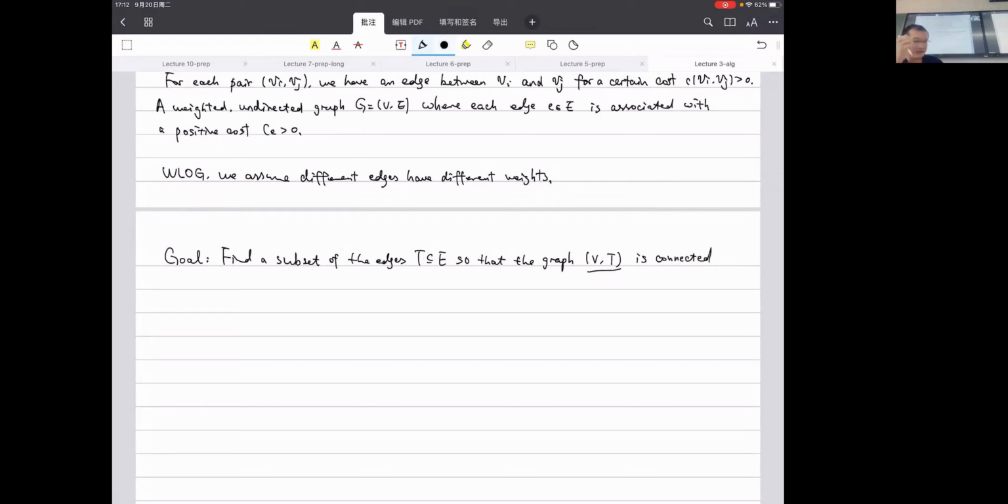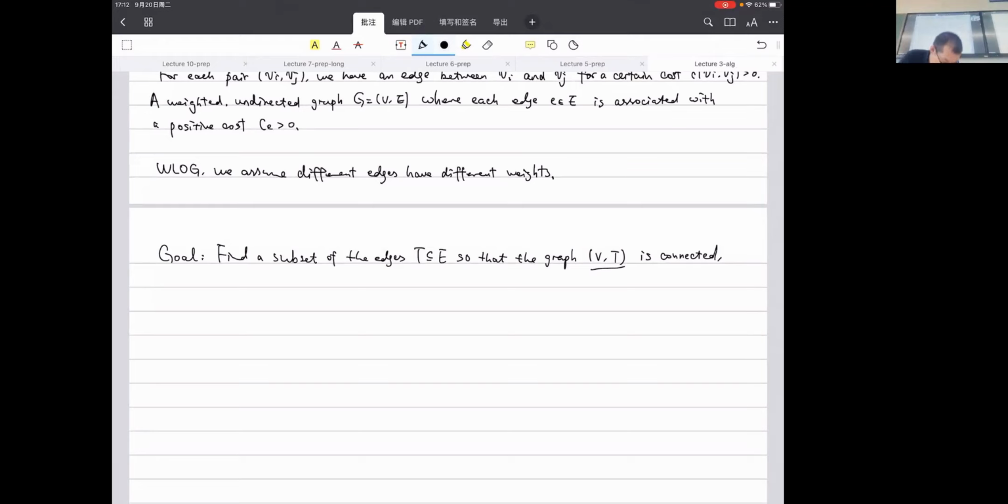That is, the edge set is a subset of the original edge set E, but the vertex set is the same. So we want to make sure the original vertex set on the subgraph is still connected, and the cost summation over T is minimum.